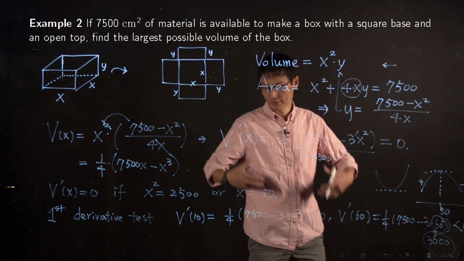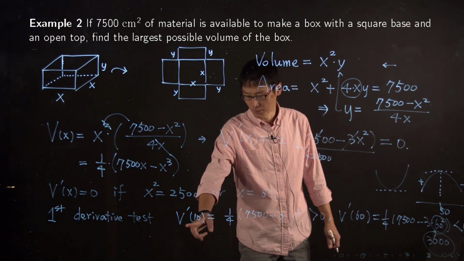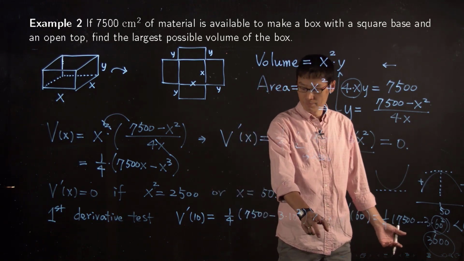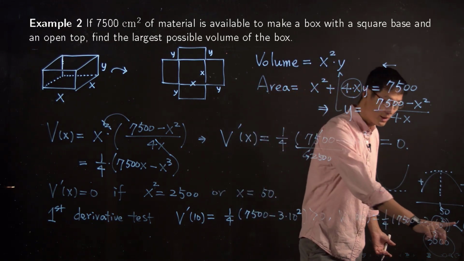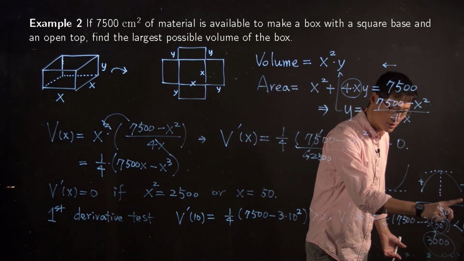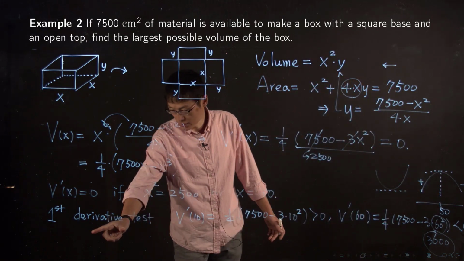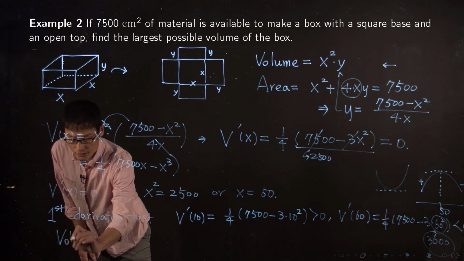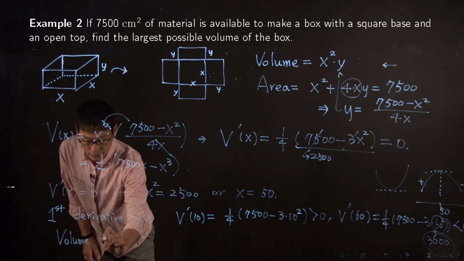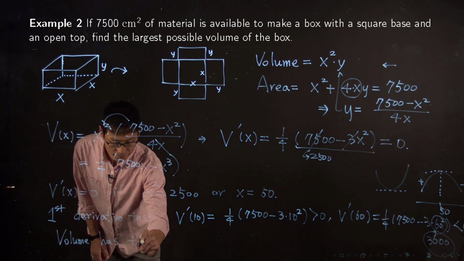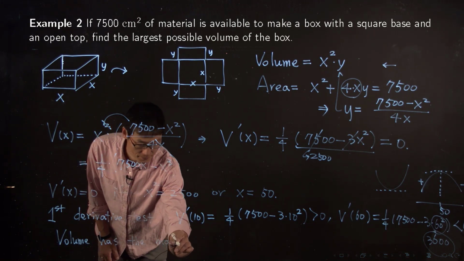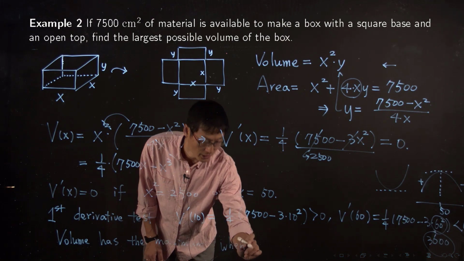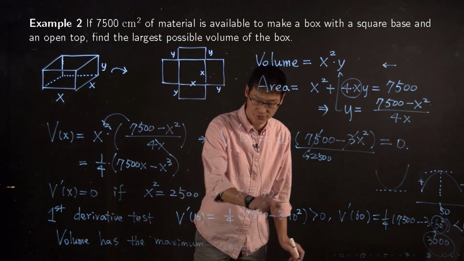That's it. We have verified that v prime has changed its sign from positive to negative. So this is the case. By this test, we see that the volume has the maximum when our x is 50.